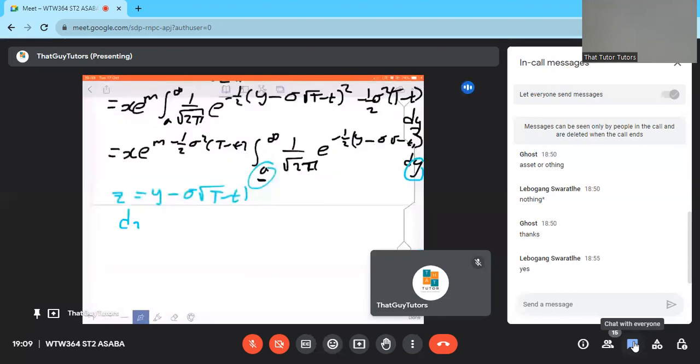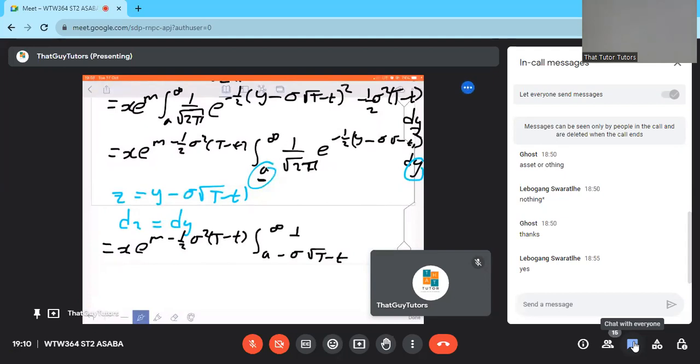So you would basically have your x e^(m minus 1/2 sigma squared (T minus t)). And then you would have the integral from a minus sigma square root of T minus t to infinity of 1 over the square root of 2 pi e to the minus 1/2 z squared dz.